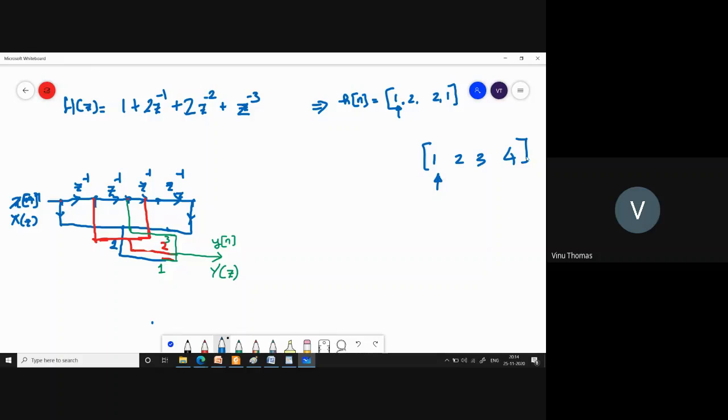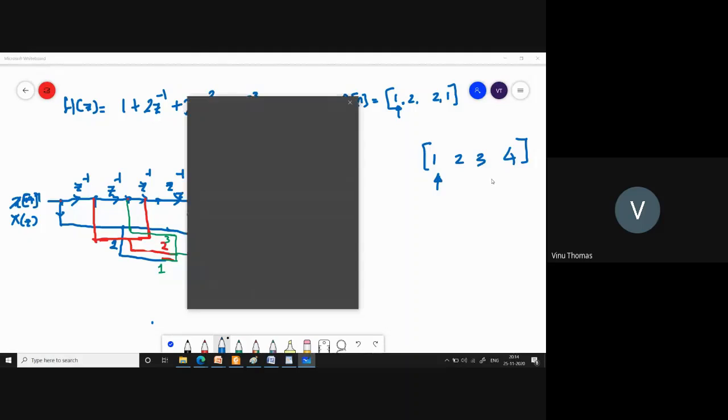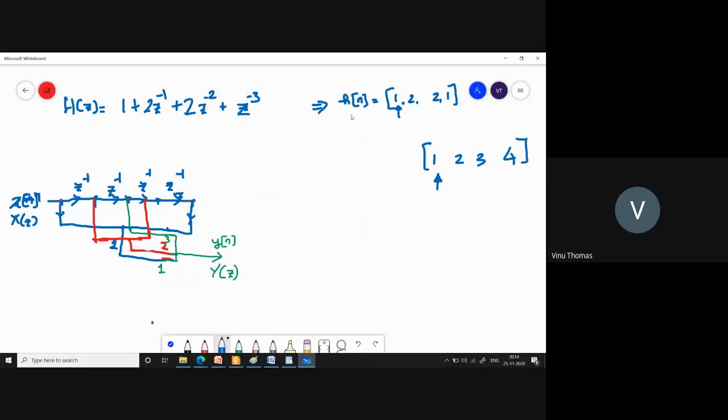You can design these kind of filters also. In certain applications, you will definitely end up with these kind of filters, for example, filters for multi-rate signal processing, which we will see in more detail later. I should actually be saying that you can have linear phase FIR filters.